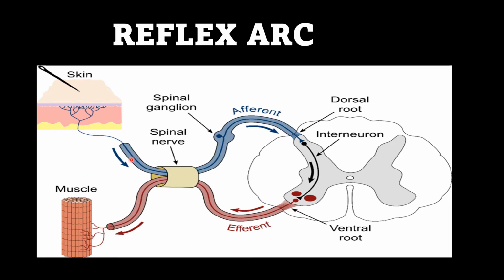This impulse starts from the receptors. Then receptors send impulses to the sensory neuron. Then it reaches the spinal cord. From the spinal cord, motor neuron receive the impulses. Then these impulses finally reaches the effector muscle.